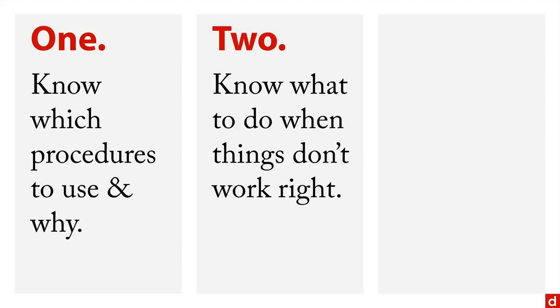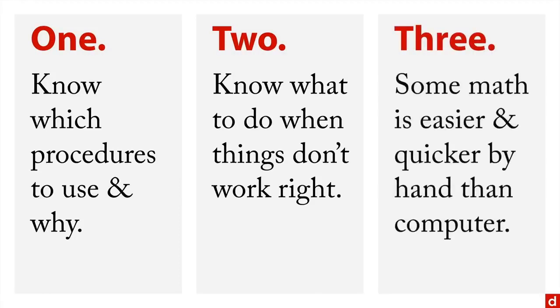It helps to understand what it is about the algorithm that's happening and why that won't work in that situation. And number 3, interestingly, some procedures, some math is easier and quicker to do by hand than by firing up the computer. And I'll show you a couple of examples in later videos where that can be the case.